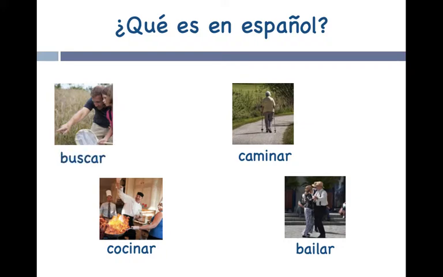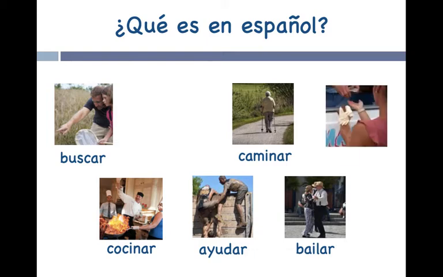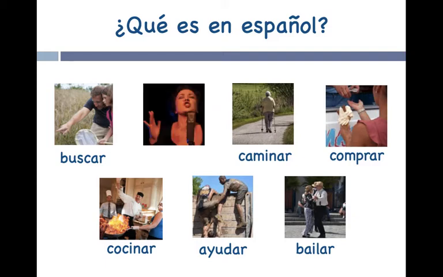Repita. Buscar. To help or to aid. Repita. Ayudar. To buy or to purchase. Repita. Comprar.